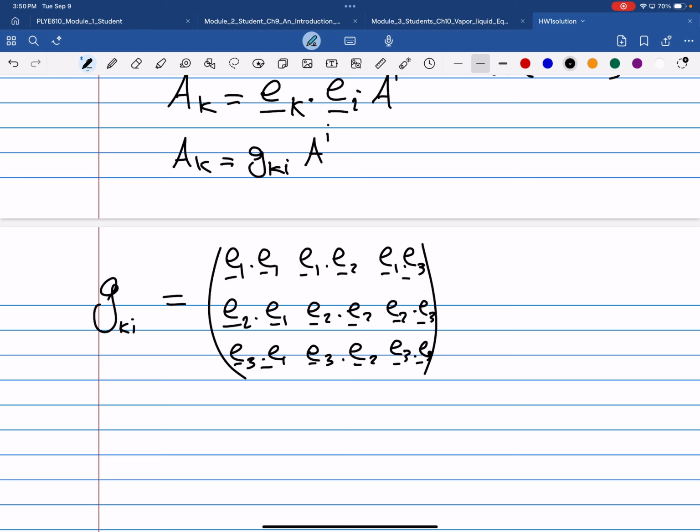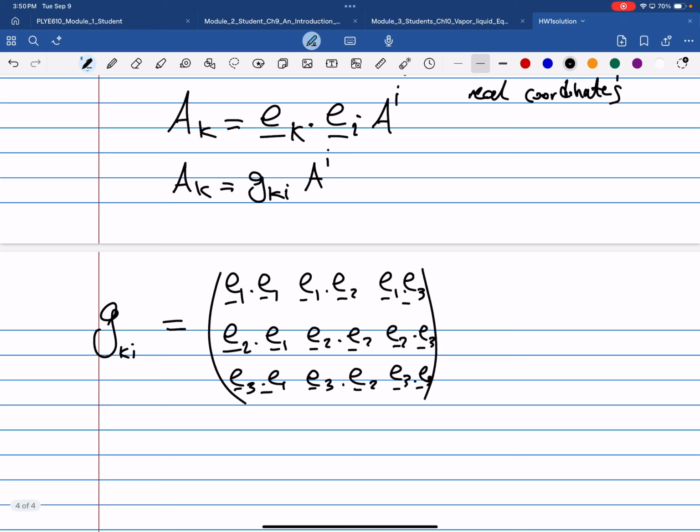You can easily do that dot product because we have the components of E1, E2, E3 in the Cartesian coordinate system. So if you do the dot product, it's going to be 1, 1, 0, 1, 2, 1, 0, 1, 2. Now using this matrix, we can do the transformation straightforward.